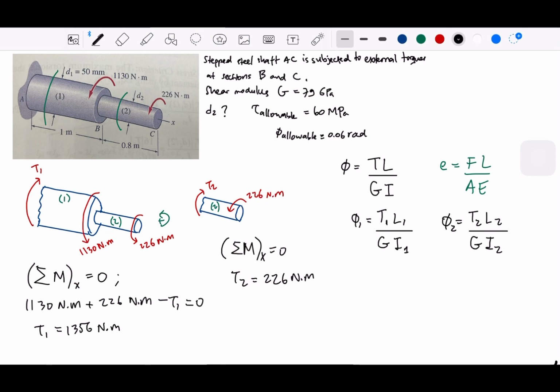Because the allowable is 0.06 radians, this angle, if we add, needs to be 0.06, to make sure that we are at the allowable angle. So we can write the allowable for the deformations. This will be the total of the deformation by material 1 and material 2.